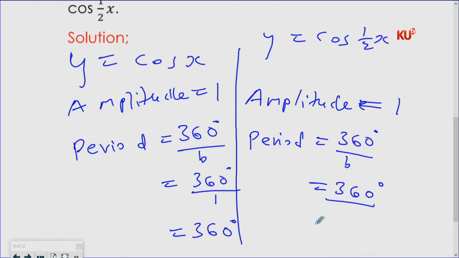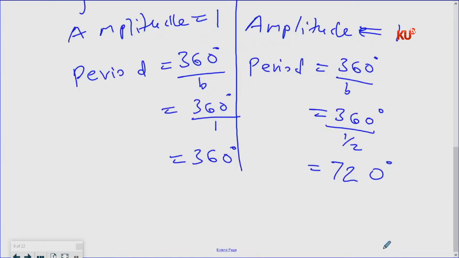So I'm going to divide my 360 degrees by a half. If you work this out, you'll get 720 degrees, and that is my period. So we don't have the graph for this example, learner, but we are able to get the amplitude and also the period.